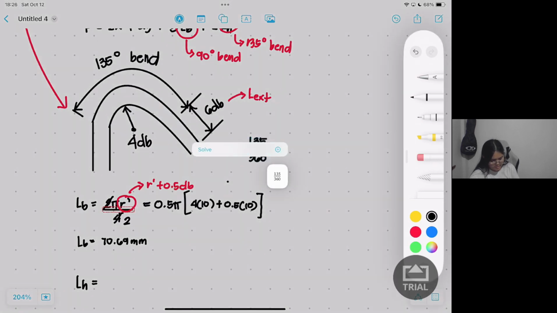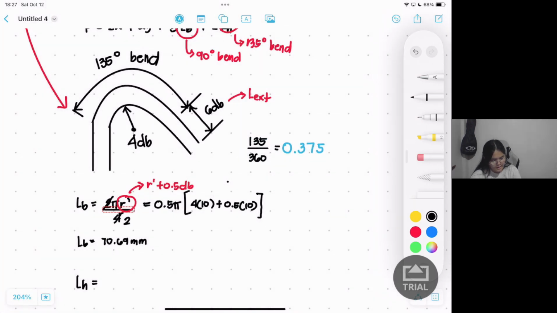So, kapag i-simplify nyo yan, makukuha nyo 0.375. Ngayon, yan na yung i-multiply nyo sa circumference ng circle to get the length of 135 degree bend. Okay?